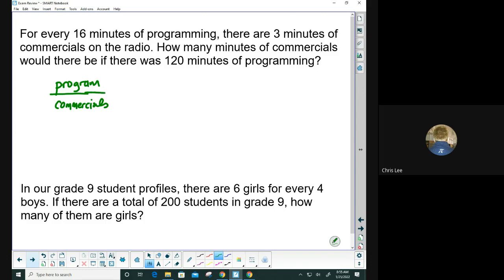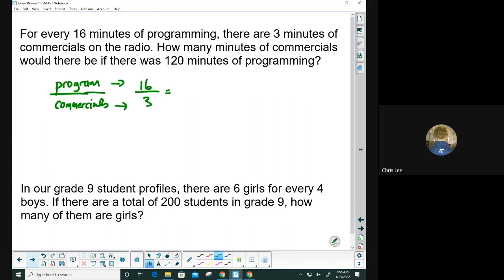So I like to do it in words first, because that really helps me keep everything organized. So it tells me 16 minutes. So does the 16 go on the top or the bottom of the ratio? Yep. And how many minutes of commercials? 3.